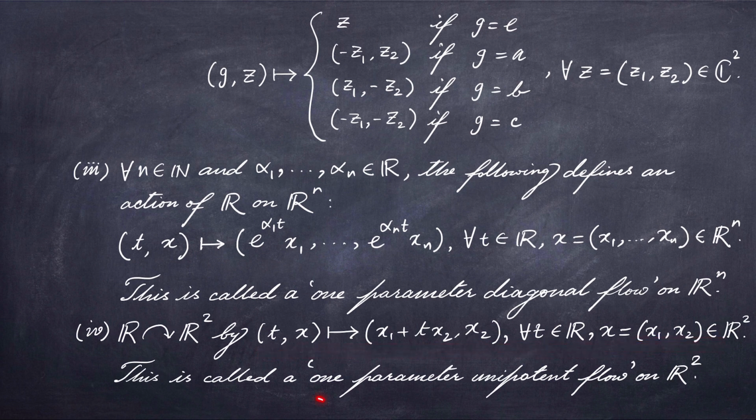So this is called a one parameter unipotent flow. The reason for calling it unipotent is that all these matrices are unipotent matrices. Let me remind you that a unipotent matrix is a matrix which has all eigenvalues 1. So this is an example of a one parameter unipotent flow on R2. The general meaning of one parameter unipotent flow you will see later. Let's not get into that.